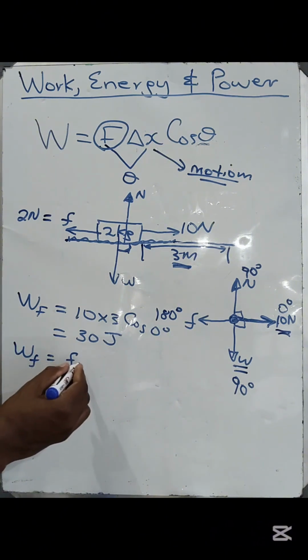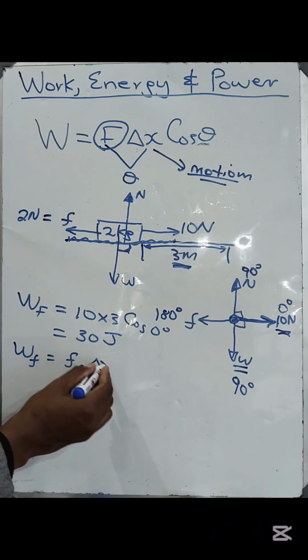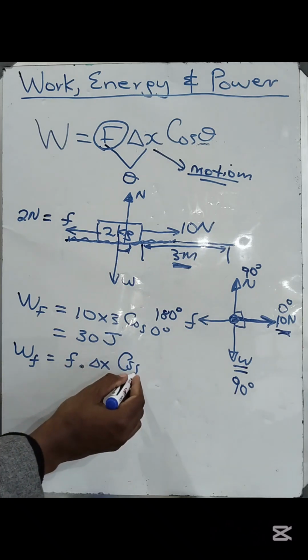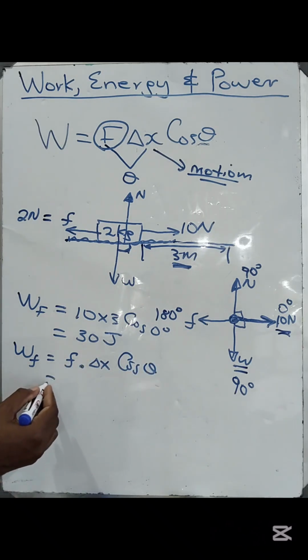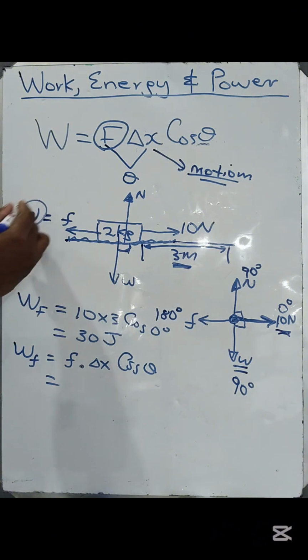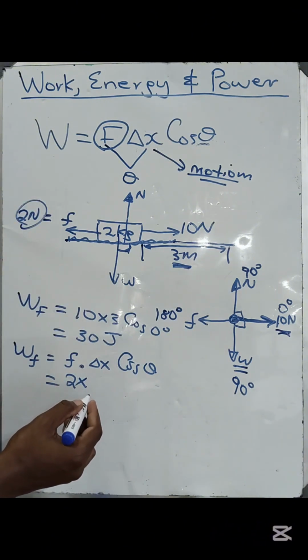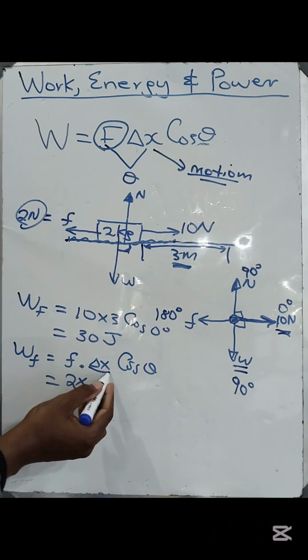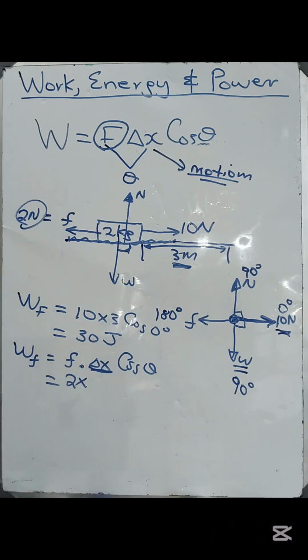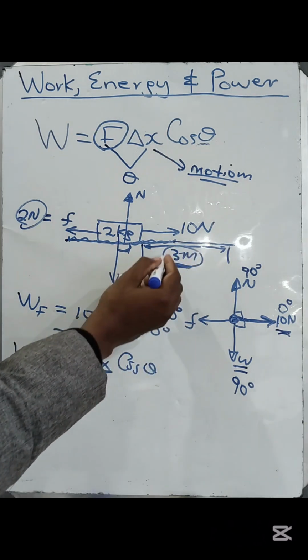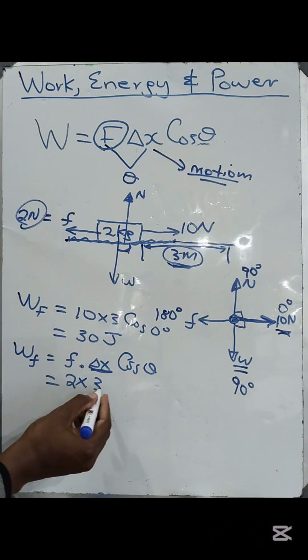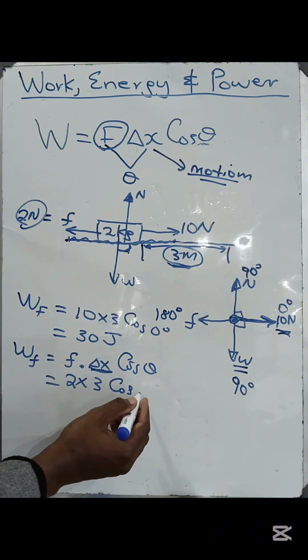Then we calculate the work done by the frictional force, which is force times delta x cos theta. The frictional force here, in this case, we said is 2. So we have 2 times delta x, that is displacement, which is 3, times cos of the angle.